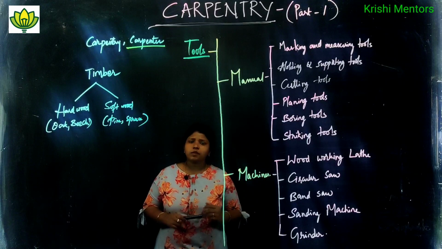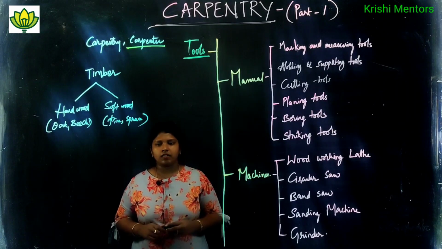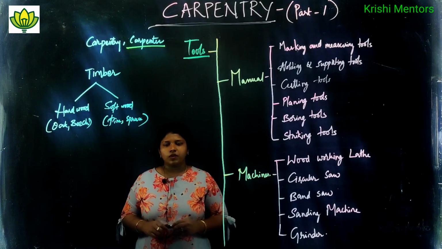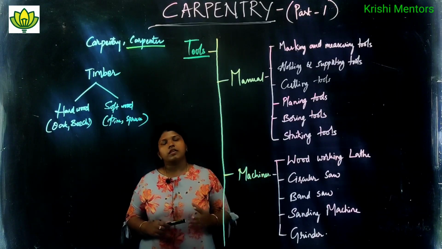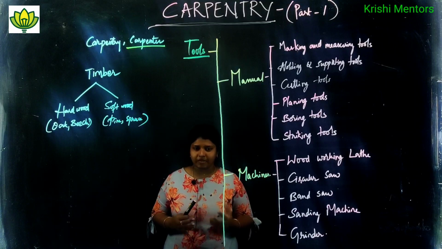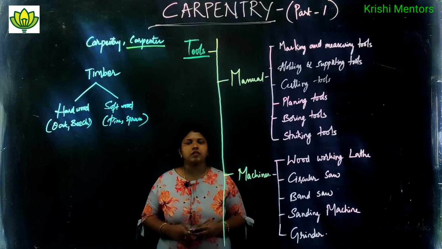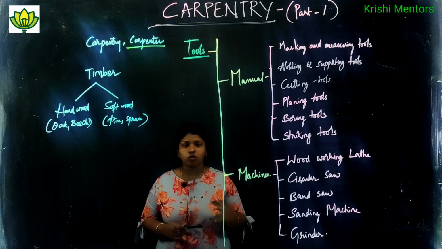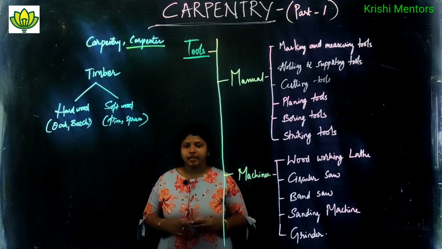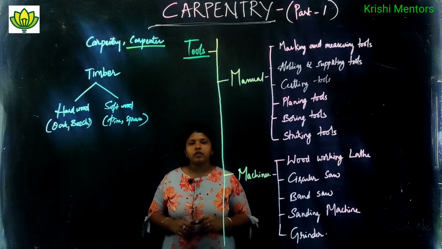Now, as I told you, this is an art of working with wood, so we also need to know about wood here. For commercial purposes, like building and construction purposes, we use wood, right? This wood is commonly named timber.